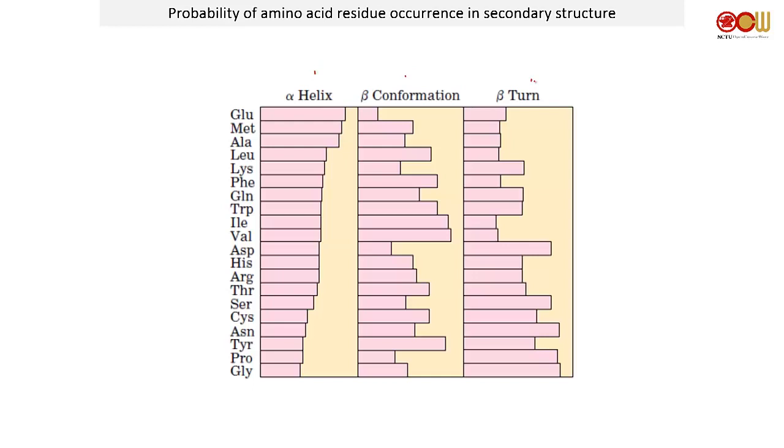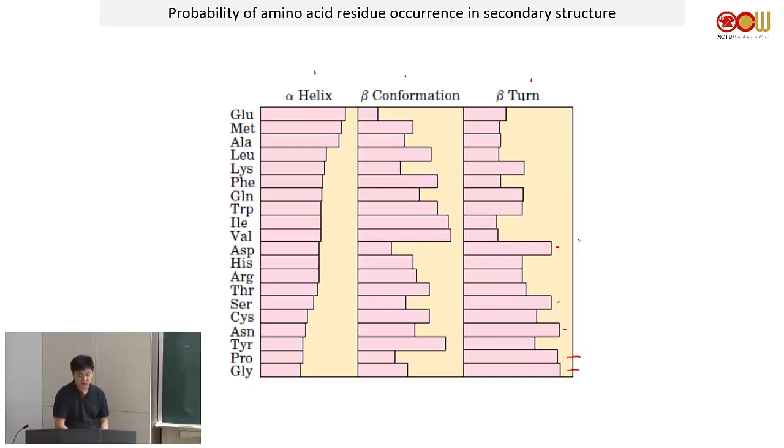Now, remember we said that for beta turns, you have a lot of proline and glycine. It turns out you also have a lot of asparagine, aspartate, and serine, these hydrophilic amino acids. For turns, you don't have as many hydrophobic ones, because turns are usually exposed.